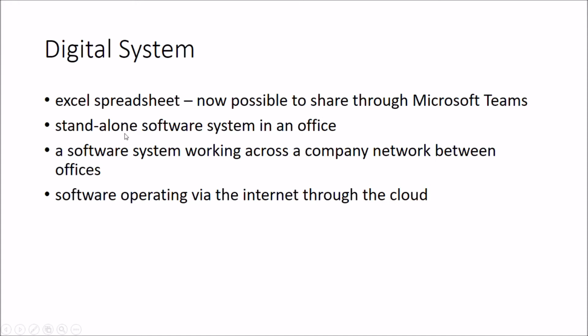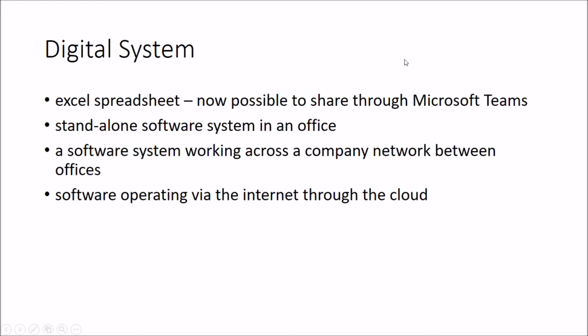It could be a standalone software system, something like Sage, something like Xero, sitting in an office, or it could be going across a company network, so different offices, all sharing the same system. Let's say some ledger system, something like that. And then alternatively, we're not on the company's servers at all. Instead, we're operating it via the internet in the cloud.